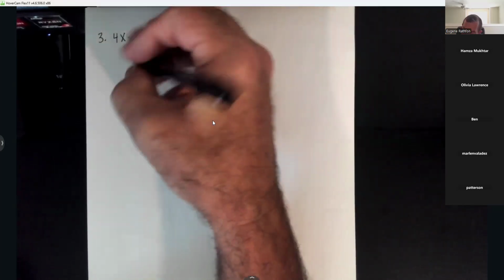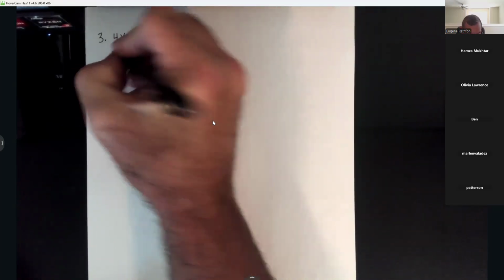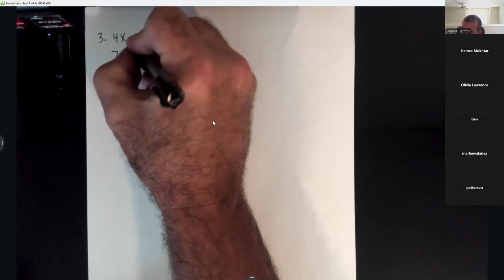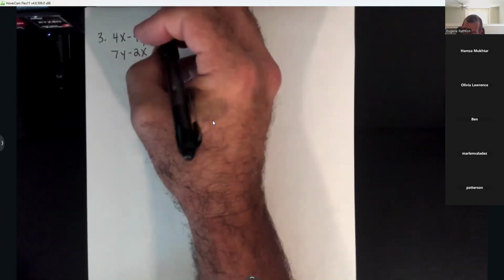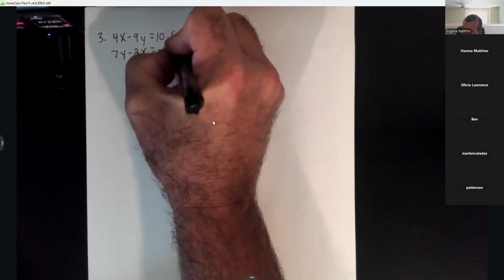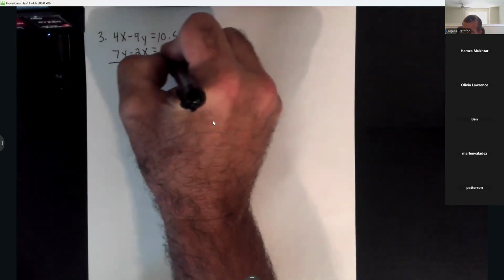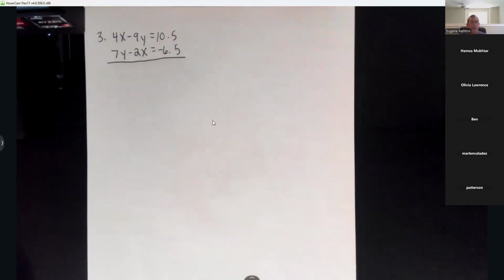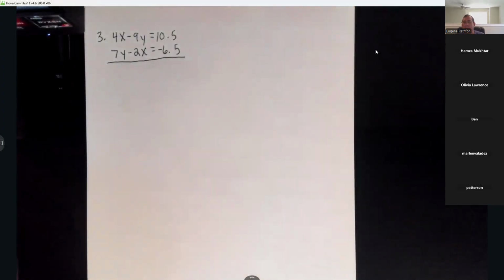This second equation is 7y minus 2x equals a negative 6.5. So we got decimals on this one.